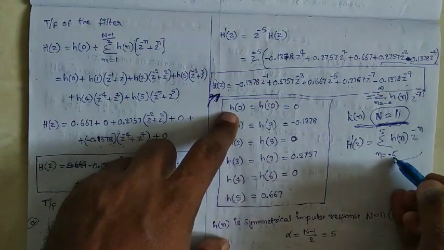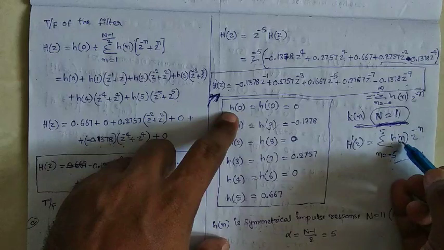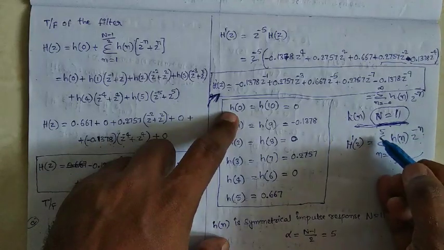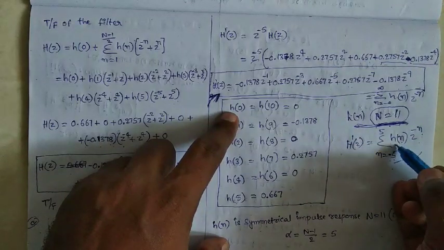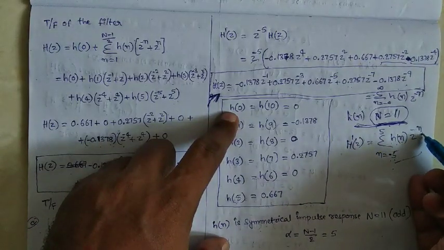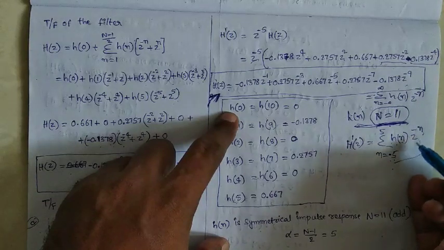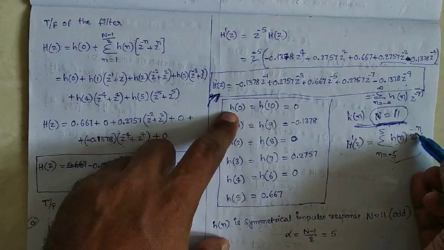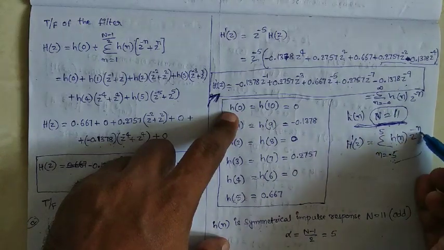Here means n is equal to minus 5, h of minus 5 into z power 5, and n is equal to 5, h of 5 into z power minus 5.